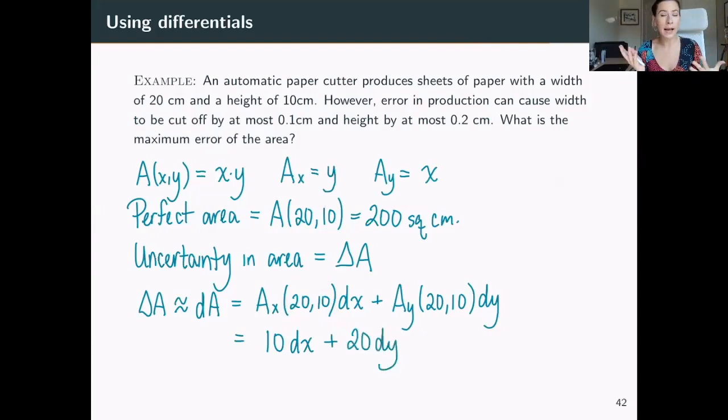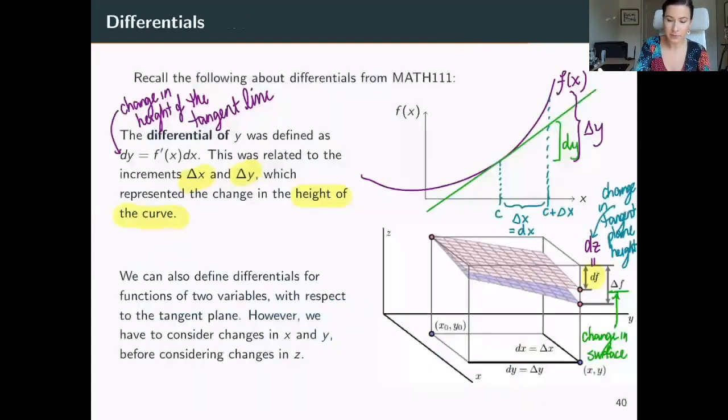Now, we have to think about what dx and dy are. Dx and dy are the changes in how far away we're going from that ideal point. So when we look back at this slide, we have our given point, x naught, y naught, which in our case is 20, 10.